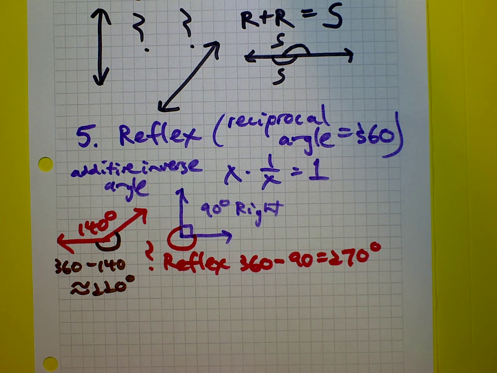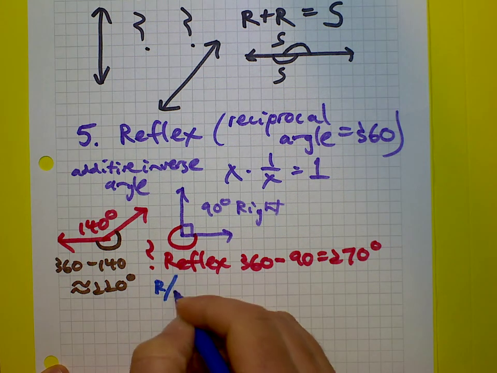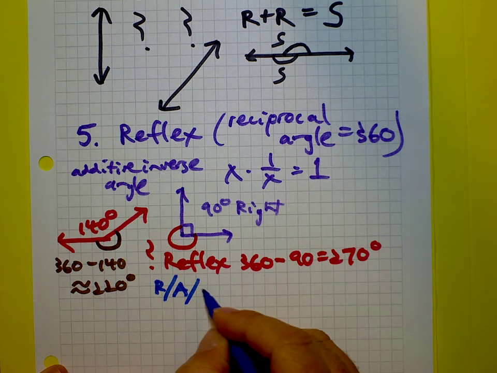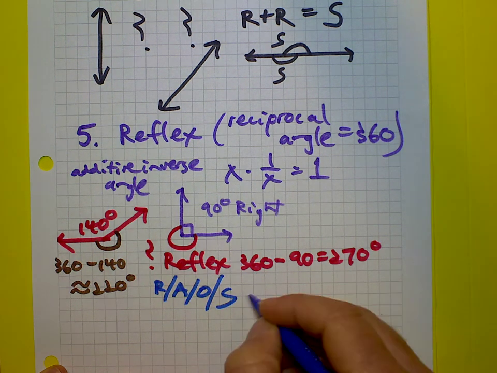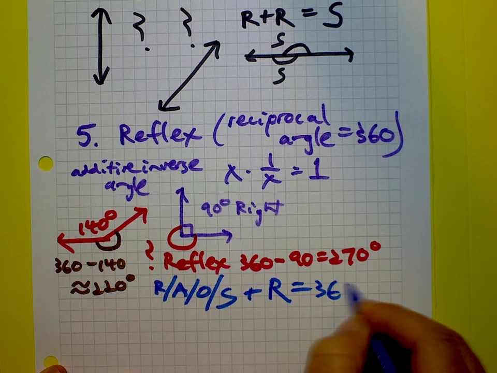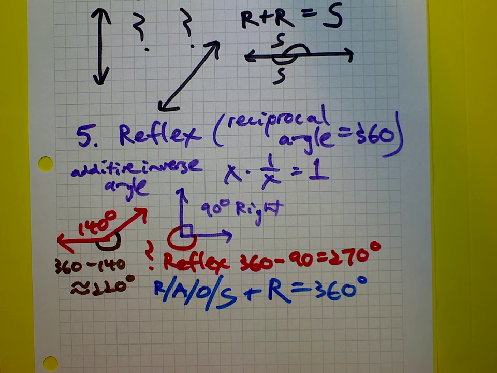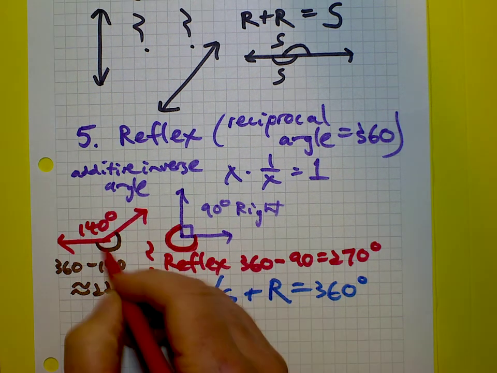So reflex is, we're going to have either a right angle, an acute angle, an obtuse angle, or a straight angle, plus the reflex equals 360. So what you really need to pay attention to is this little thing here.